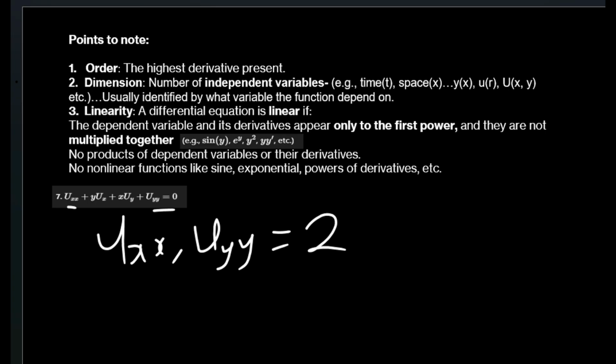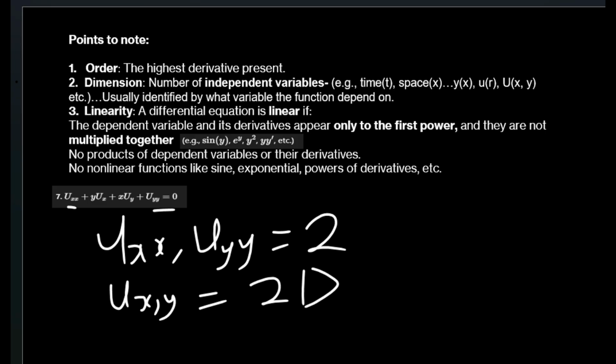Okay, so we are going to look at the dimension, and then we are going to look at whether it is linear or non-linear. Same way, we have u of xx and then u of y as well. So that is u of xy. So this gives us a dimension of 2. Okay, let's look for linearity.